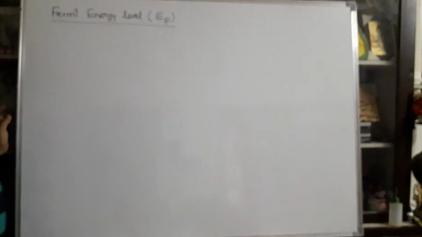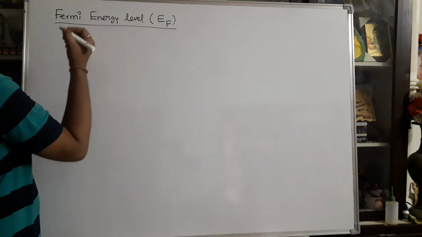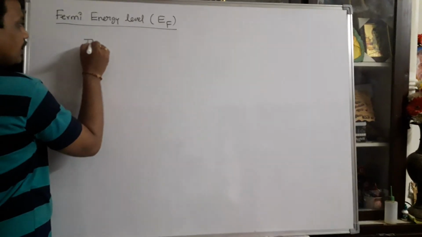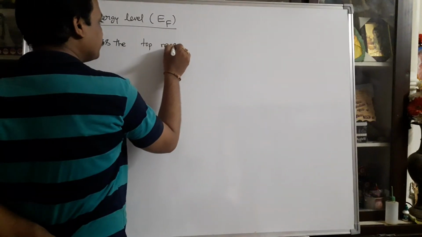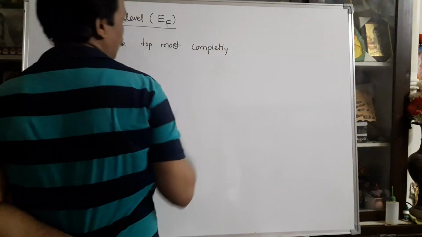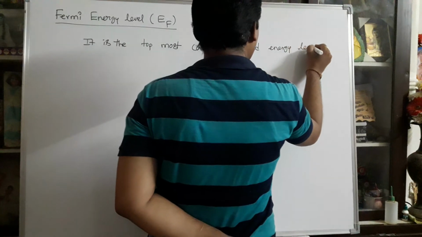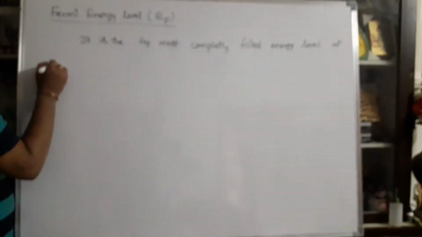What is the Fermi energy level? According to the basic point of view, the Fermi energy level is the topmost completely filled energy level at absolute temperature.